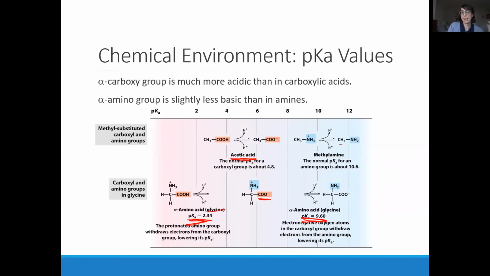So remember, this is in general for most all amino acids. The carboxylic acid group on an amino acid is down. Its pKa is very low, around 2. And the amino group, that NH2 group, has a pKa that's very high, around 9.